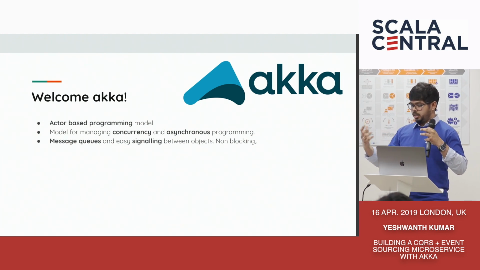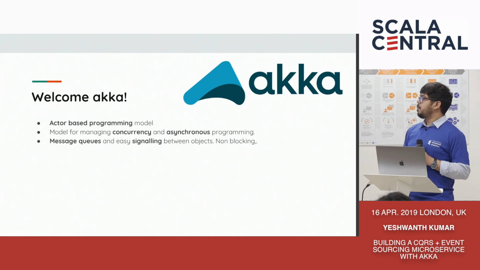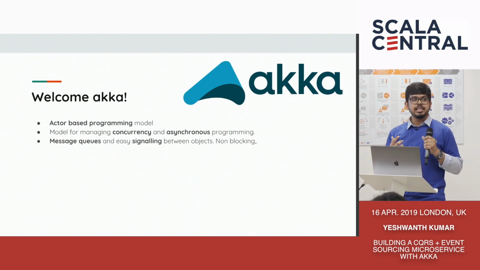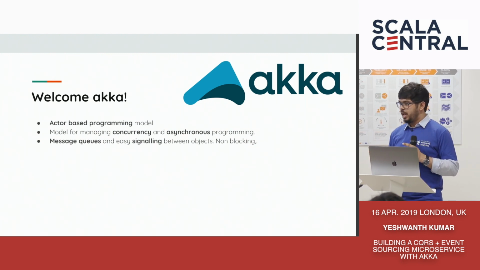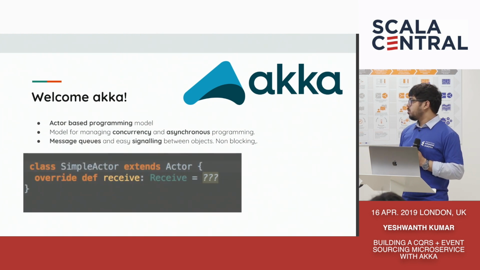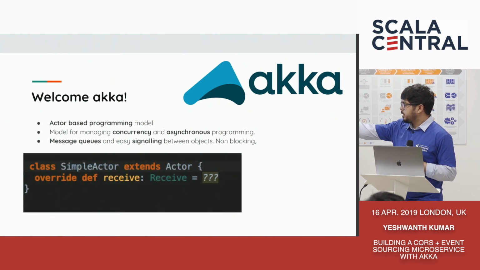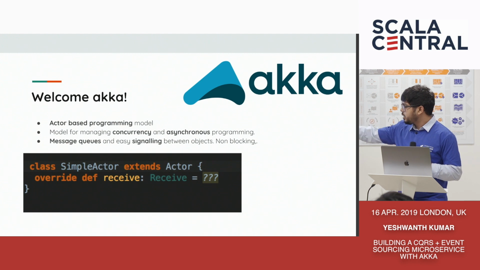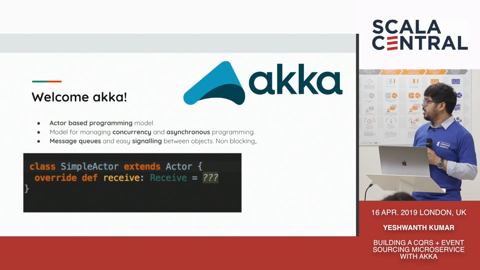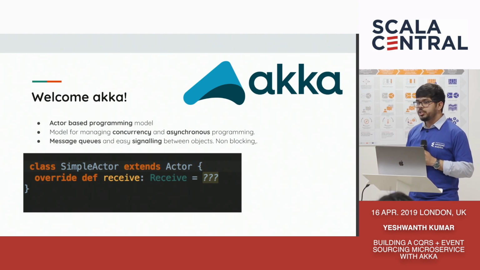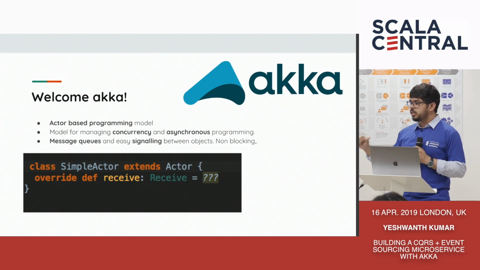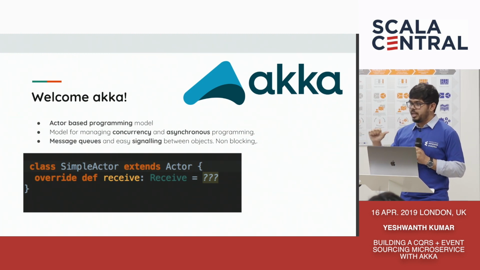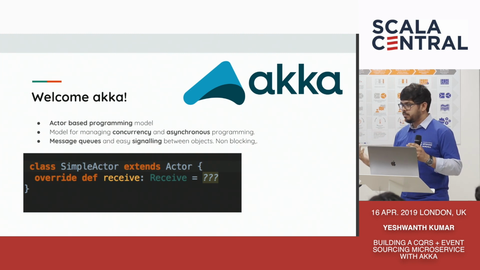And of course, it has got message queues, and it does easy signaling amongst themselves really well. To write a simple actor, you just need to extend Actor, and the receive function over there is just a partial function of Any to Unit, right? So it receives a command or a message, and then it does something, and then it returns back, okay?